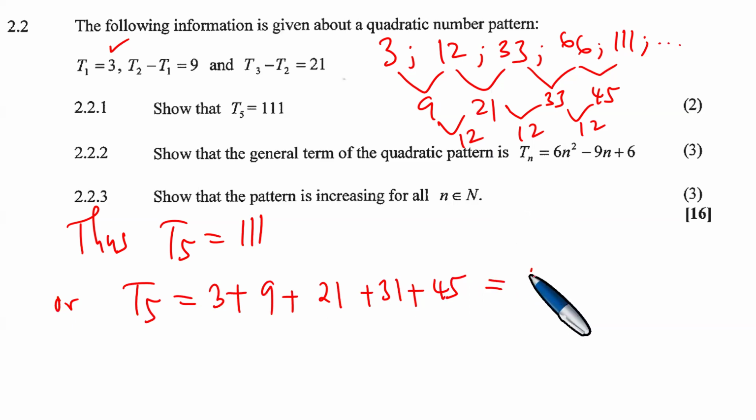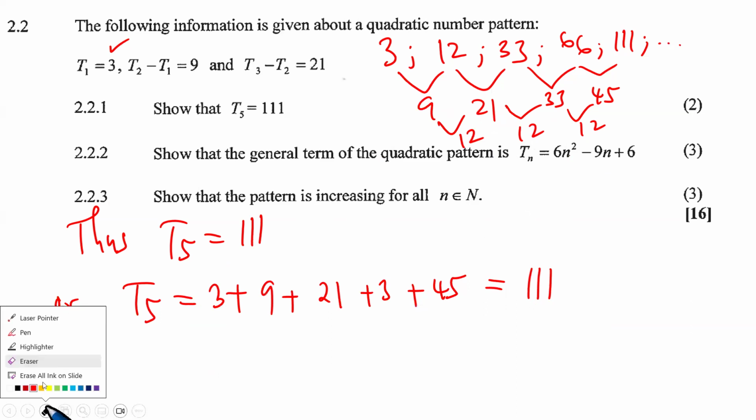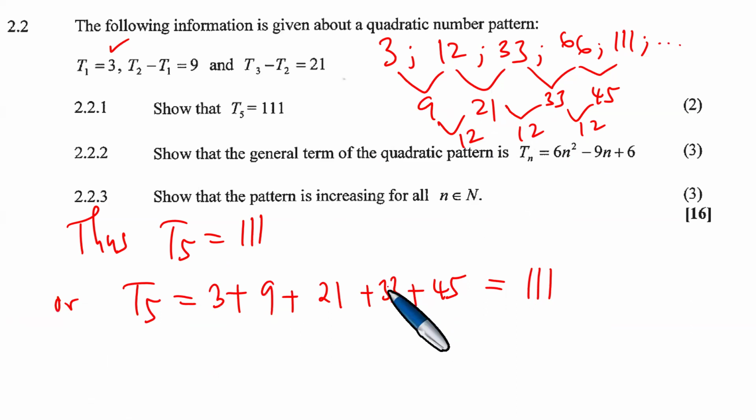And the result is actually the fifth term. So the fifth term can be seen as 3 plus 9 plus 21 plus 33 plus 45, and therefore the result is 111.